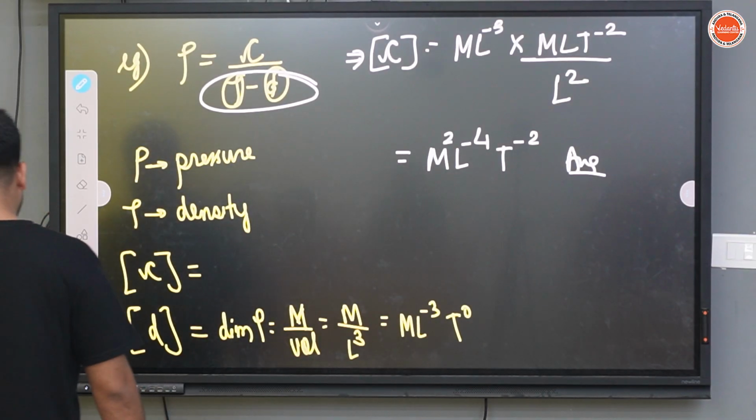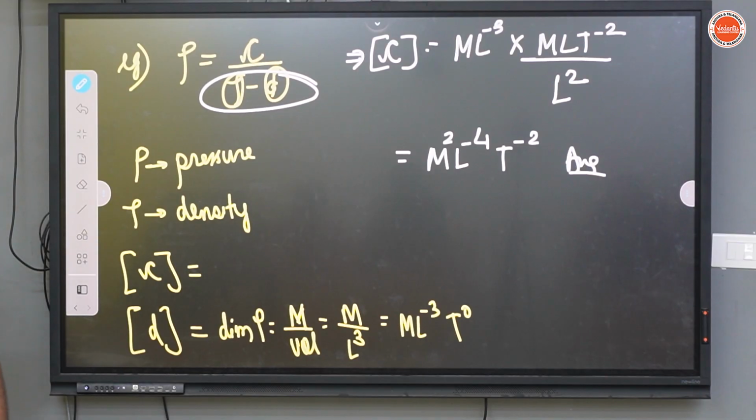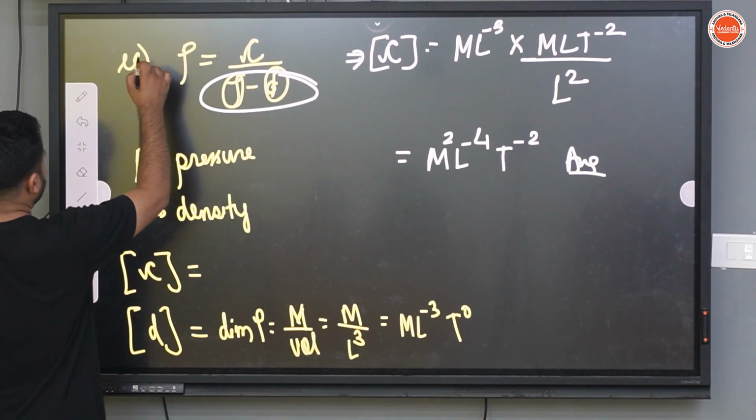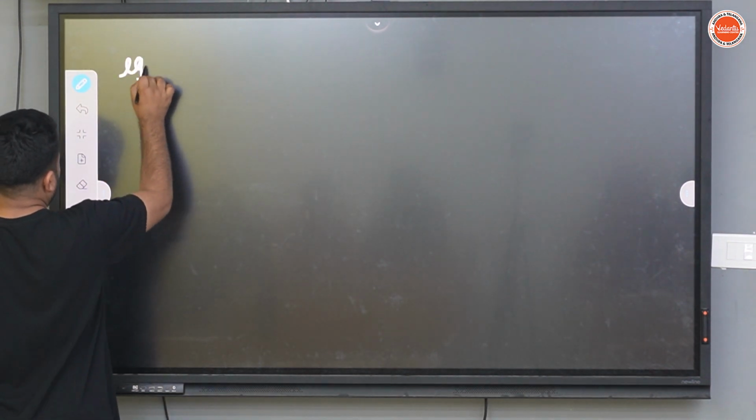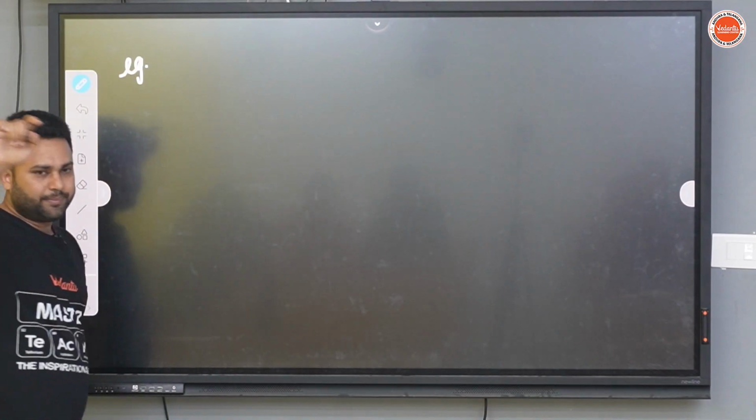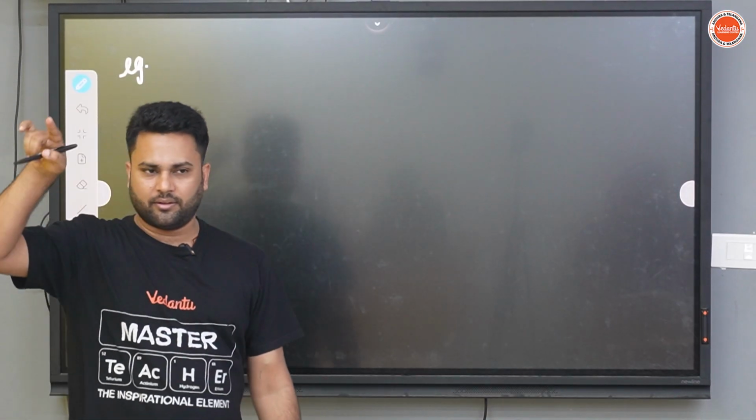Now using dimensions, you can also, I mean 90% of the time, work out the formula of any quantity. For example, another kind of question they ask: pendulum time period.